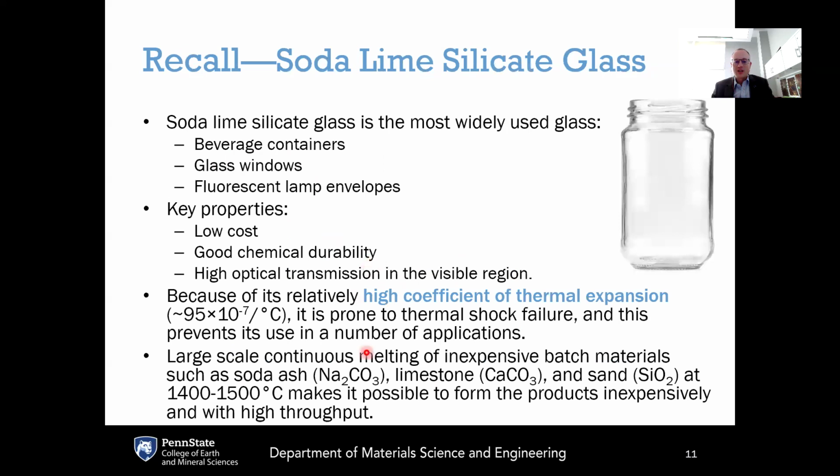And by the way, if you take soda ash and you melt it, it's going to convert to sodium oxide. That sodium oxide gets incorporated into the glass, and then carbon dioxide is released in the process. Same thing with limestone. The limestone, calcium carbonate, decomposes to calcium oxide, releasing carbon dioxide in the process.